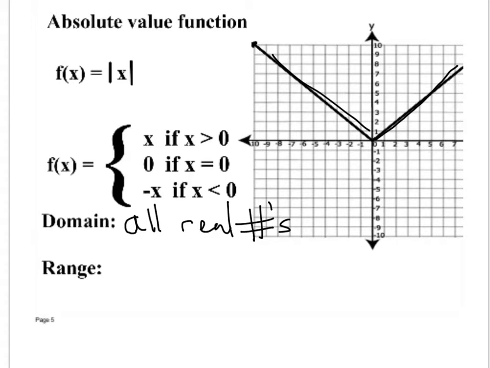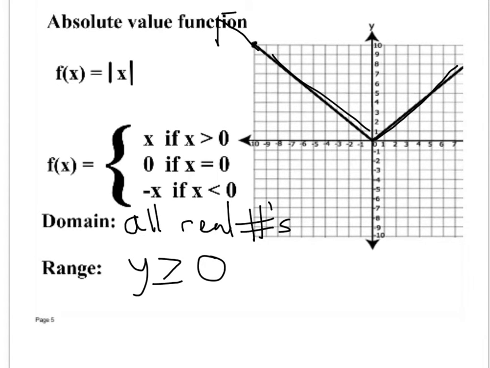What's my range limited to? This is not the same as the greatest integer function, this is the absolute value function. Does this function include negative 1, negative 2, negative 3? No. It's y is greater than or equal to 0. y can be any number greater than or equal to 0. Does this keep on going up? Yes.